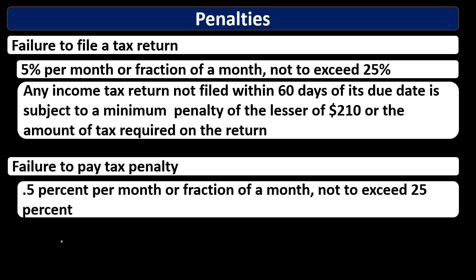So just note that the filing isn't the only item that's going to cause penalties. So will the failure to pay, if we didn't pay in accordance with what the IRS believes should be the proper or on-time payments. That could be a penalty of 0.5% per month or fraction of a month, not to exceed 25%.